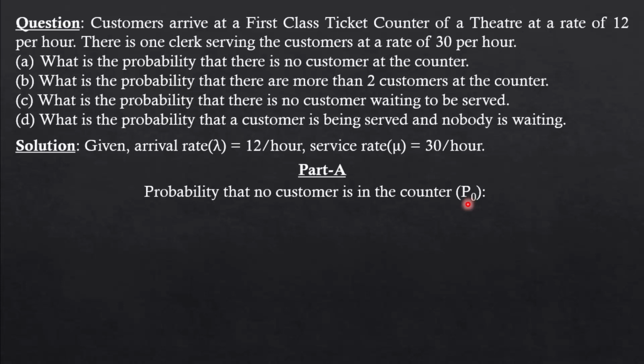P0 is the probability of having 0 customers in the system, and it is given by 1 minus rho, or 1 minus lambda by mu. Putting in the values, 1 minus 12 by 30 is 0.6, or 60%. So there is a 60% probability that no customer is in the system.